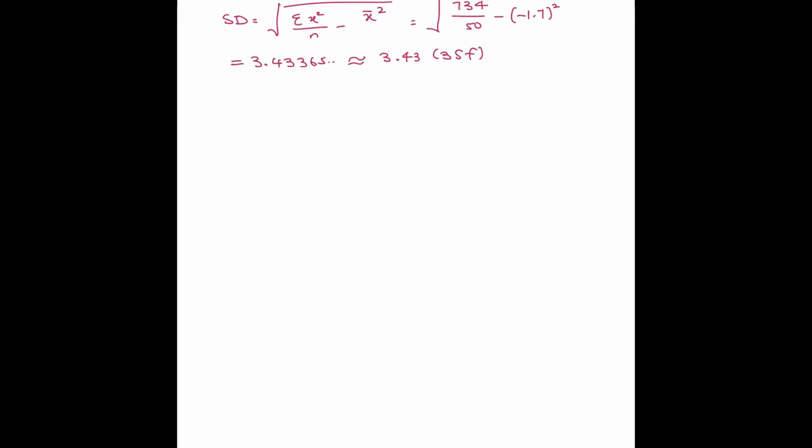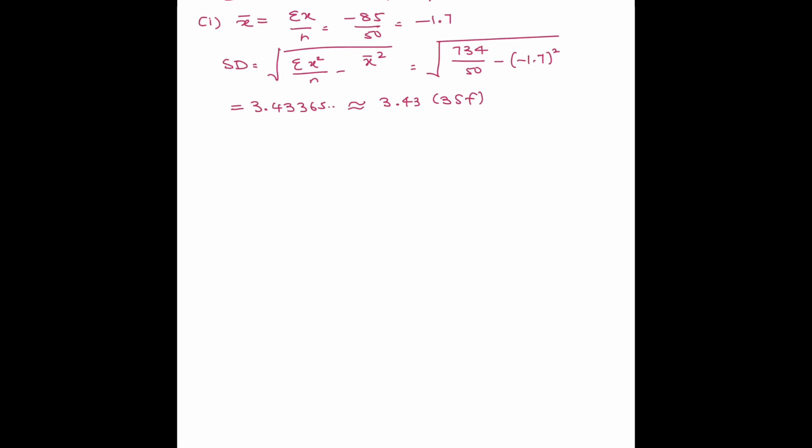Standard deviation is 3.43, so now we have to figure out the true mean. 94.2 was recorded as negative 8, and since the recording is to the nearest 0.1 mm, negative 8 becomes negative 0.8.